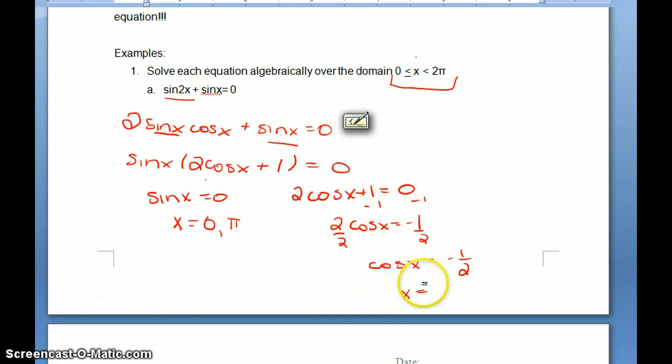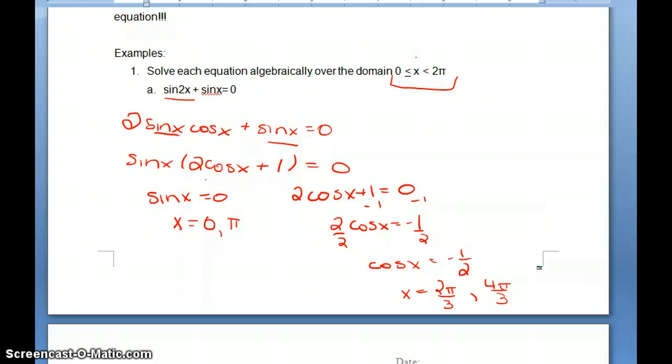And using your unit circle, you will find that the values would be 2 pi over 3 and 4 pi over 3. So either you could use your reference angle and then use your CAST rule, so when is cosine of x a negative value? Or you could also use your unit circle, which you won't have for your final, but you could use that for now.